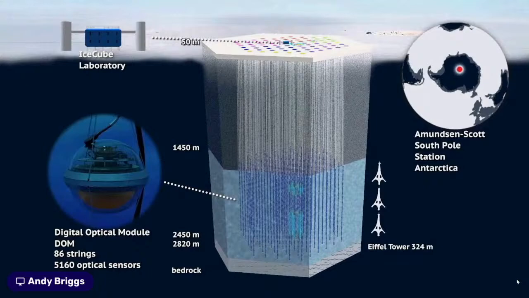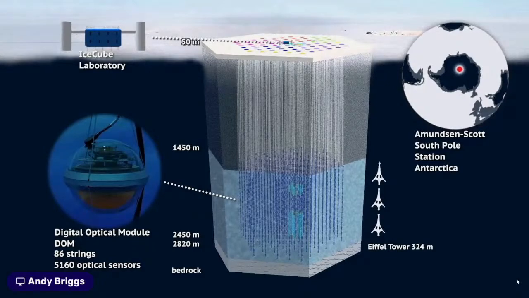So they are very difficult to detect because they don't interact with ordinary matter. But occasionally they do. And this immense detector, the IceCube laboratory at the South Pole, which was built over quite a few years, because as you can imagine, drilling all those holes that far down in the ice, 2,820 meters down in the ice, and lowering all those 5,000 odd detectors was a huge job.